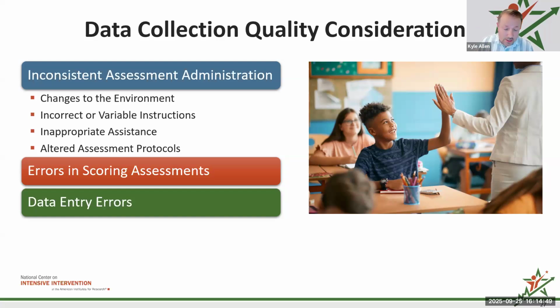Research, I say, happens in a vacuum. School happens in chaos, and those are opposite things. And so when we collect data, we want to consider the things that impact the quality of that data collection. Okay. Again, we have a whole resource around this. I'm sure Kat has likely shared it in the chat. But there's things like inconsistent assessment administration. So, like changes to the environment.